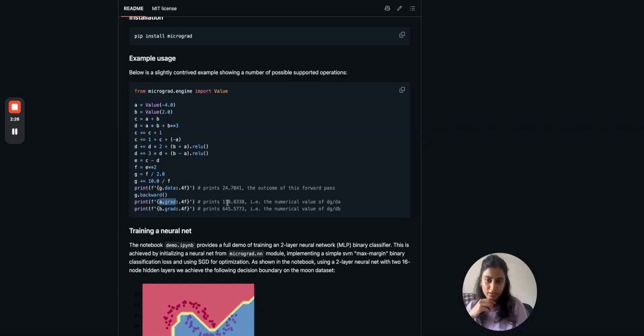A dot grad here is 138.8338, which means if you nudge A in a slightly positive direction, G is also going to move, and the growth of slope would be 138. And here, when you change B a little bit, G is going to grow and the growth of slope is going to be 645.